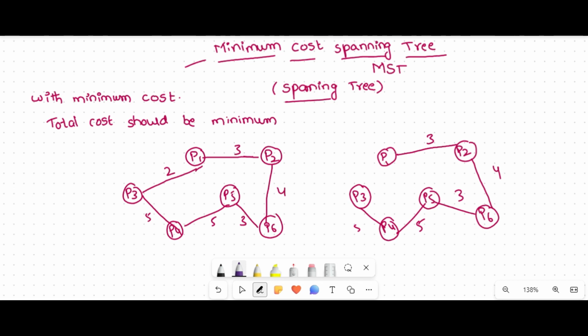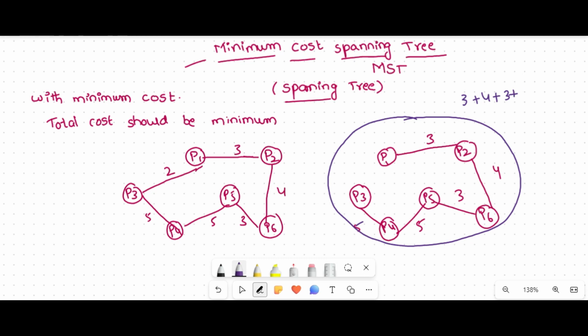Now, what is the cost? Cost is nothing but the total distance I have traveled: 3 plus 4 plus 3 plus 5 plus 5. 3 plus 4 is 7, 7 plus 3 is 10, 10 plus 10 is 20. Our total distance to travel all the cities is 20 units.